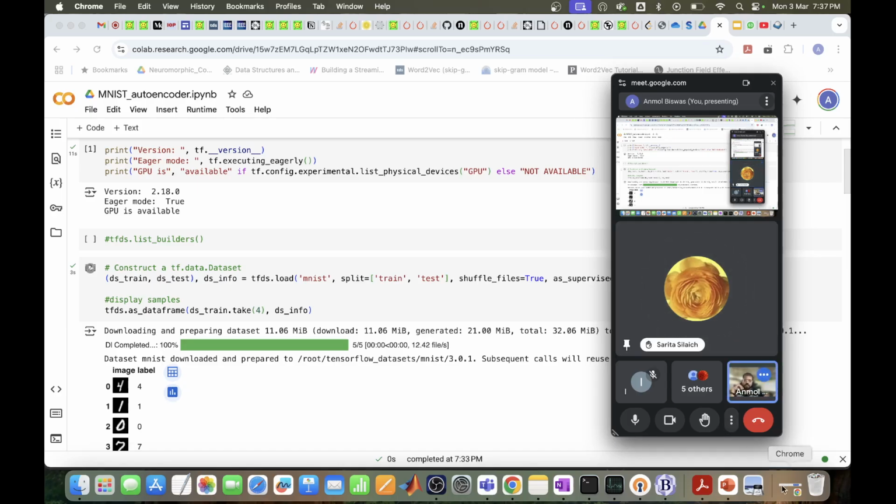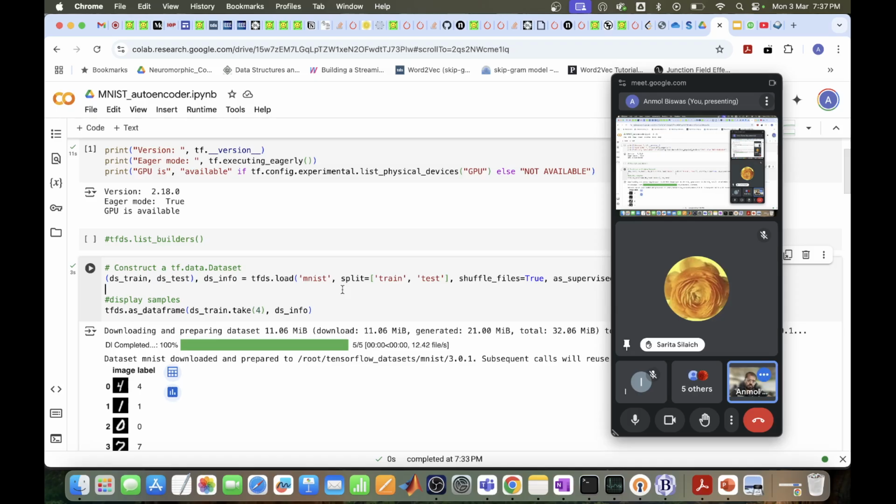Yeah, I will add it to the presentation. I'll share the notebook and I'll add it to the presentation, right? So you can access it, you can play around with it, right? And when variational autoencoders are taught in the class, you can try to modify this code into a variational autoencoder as well.